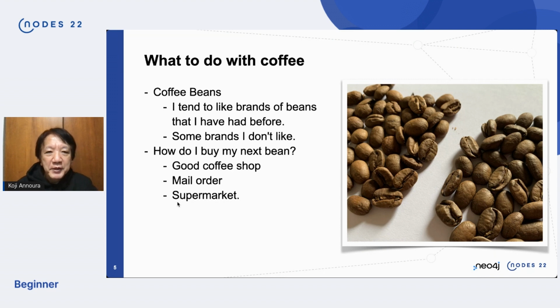Okay, coffee beans. There are coffee beans I have had before that I don't like, because with some brands I don't like the smell. How do I buy my next bean? This is my question. Is it better to buy at a good coffee shop, by mail order, or at a supermarket?